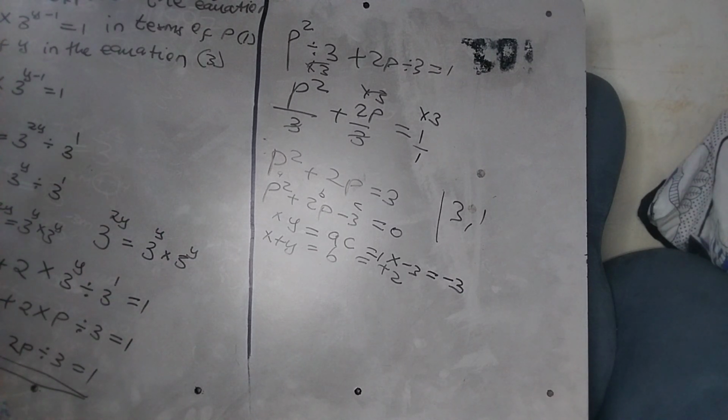If we pick positive 3 and positive 1, we get positive 4. If we pick minus 3 and minus 1, we get minus 4.